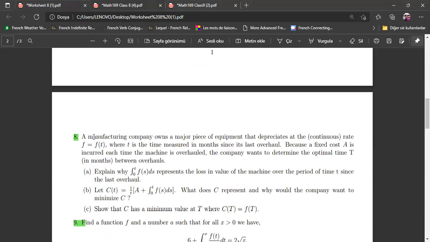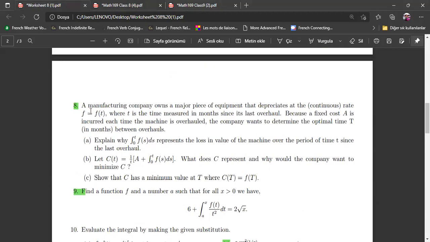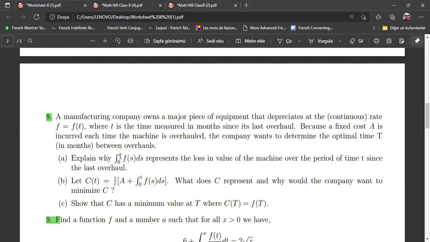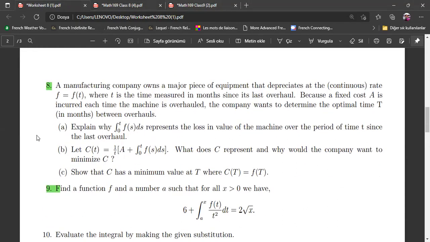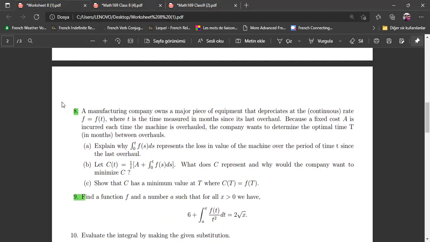Now, all right, let's first solve this question, okay? So now first you can stop the video and read the question, okay? So the first part of this question asks us the representation of this integral, okay?